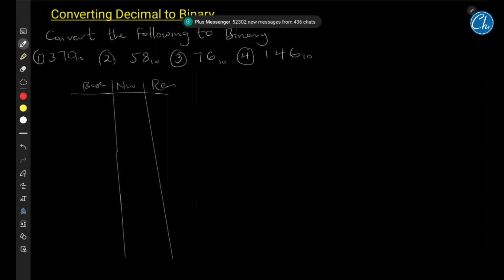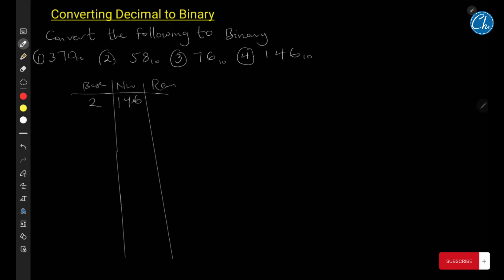Let's try our hands on the last one. We have to convert 146 base 10 to binary. Now we put our base here, the number 146 here. Then we find the number of times that 2 will go into 146, right?